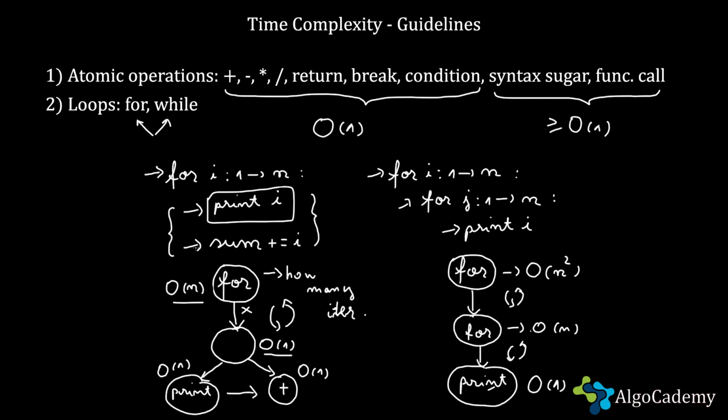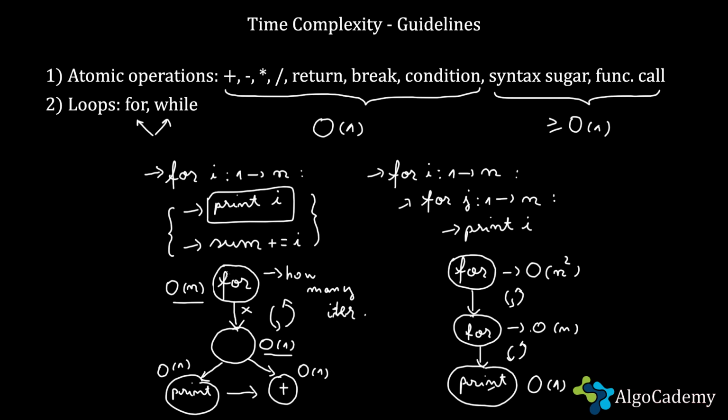Rule number 2: when you want to compute the time complexity of some node which has multiple sons, you are going to add the time complexity of each son together and have the final time complexity of the parent. And then, when you try to compute the time complexity of some node which represents a loop, you are going to ask yourself how many iterations the loop does, and multiply that number with the time complexity of the son, and this is how you get your final time complexity.